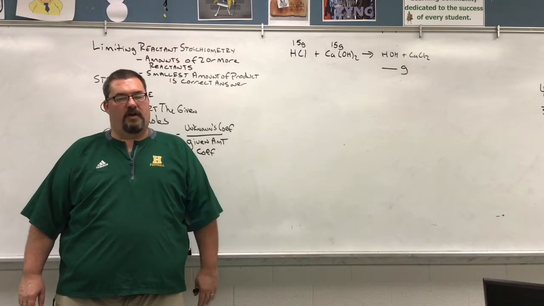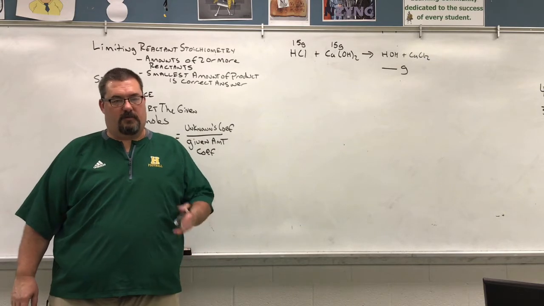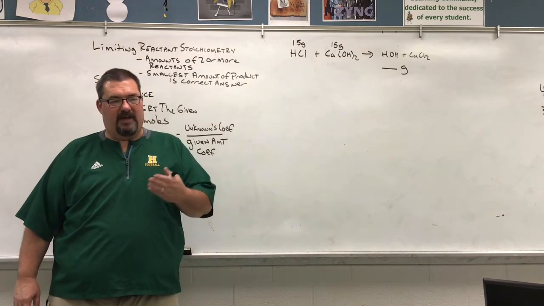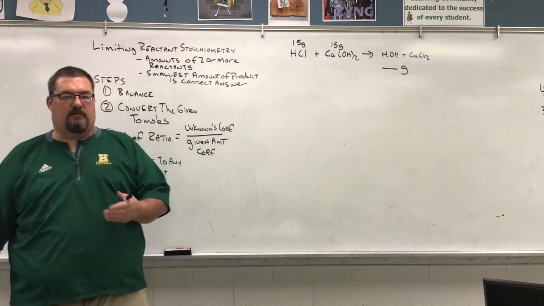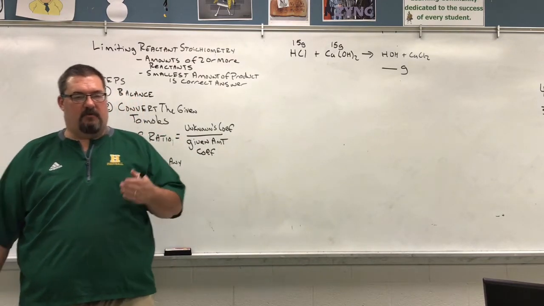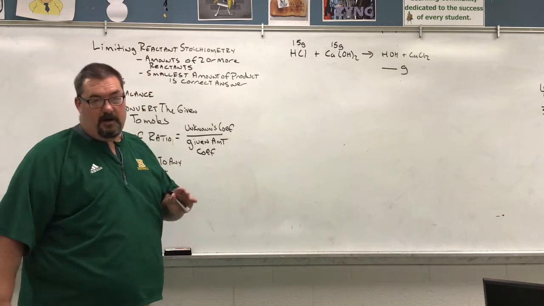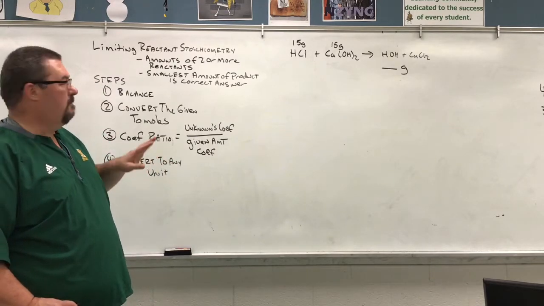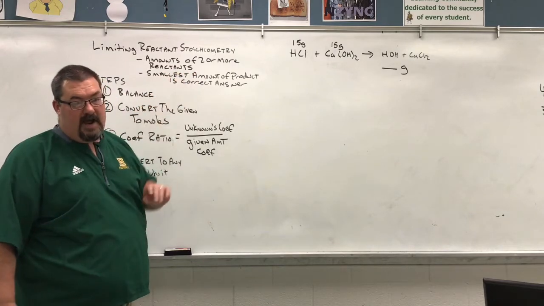Since we've gotten pretty good at calculating our one substance stoichiometry problems, which are problems where we only had one given amount, we need to start looking at limiting reactant problems. A limiting reactant stoichiometry problem is characterized by having the amounts of two or more reactants.